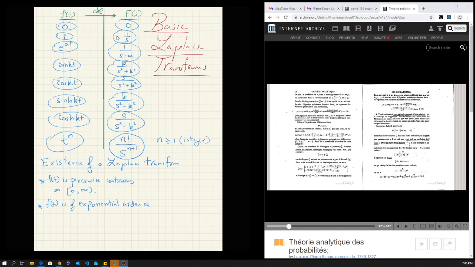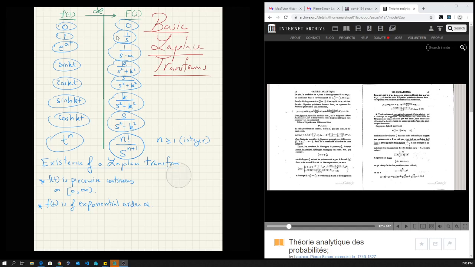So if you can always bound it by an exponential, that's a function of exponential order. As you will be able to see, most functions can be bounded by an exponential. An exponential can be bounded by an exponential. If I have a polynomial, it can be bounded long term by an exponential.